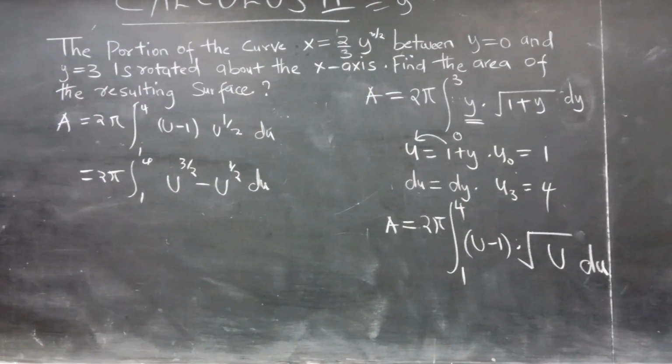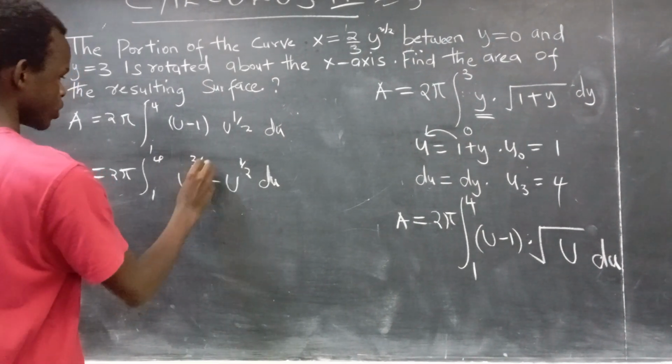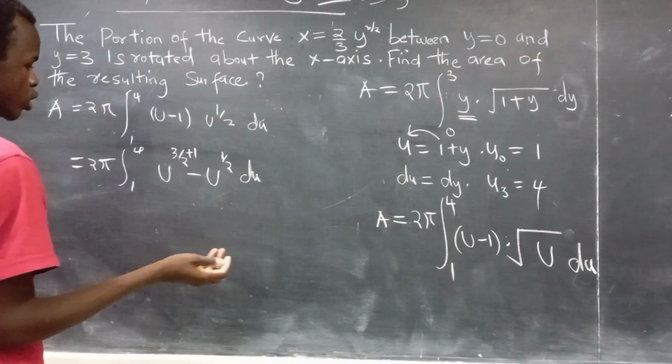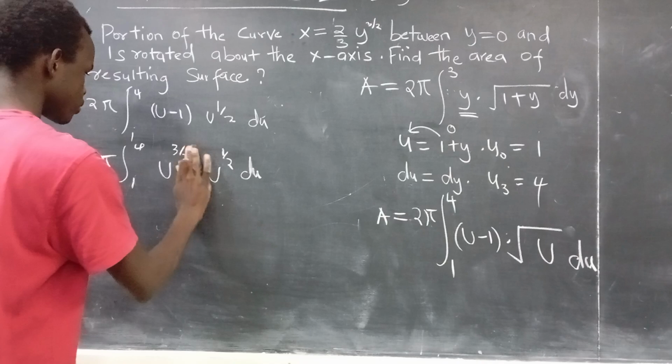From there, performing the normal integration, we just add 1 to the power. Simply, you can split the integral into 2. So let's split the integral into 2.